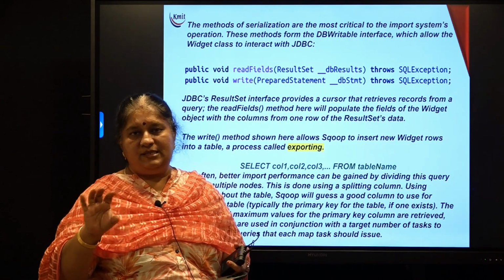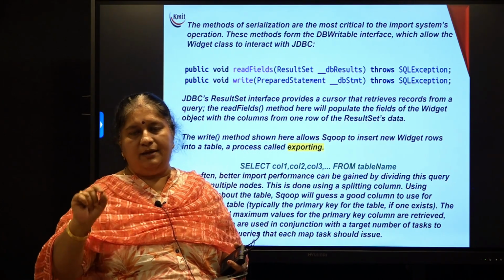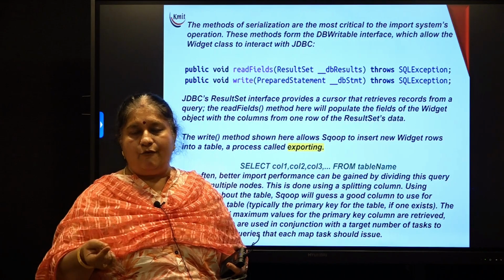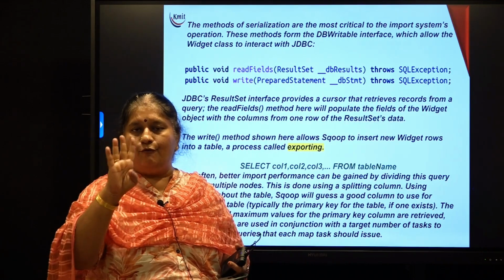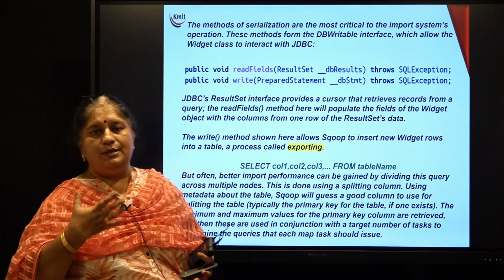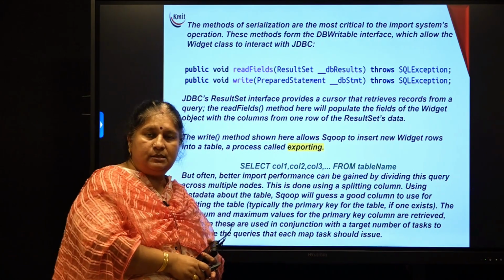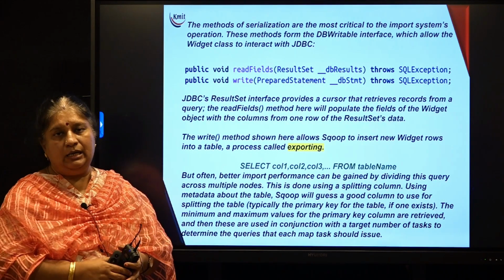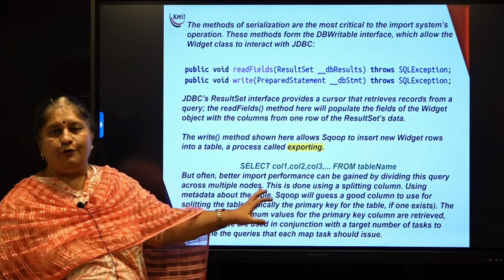If you do not specify that -m 1, by default it defines 4 mappers, right? So you have to decide how many mappers you want to work in parallel in order to process the data from the table.